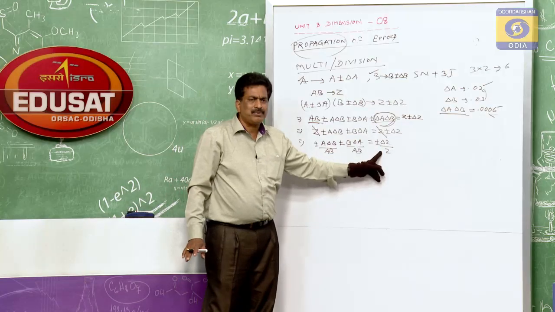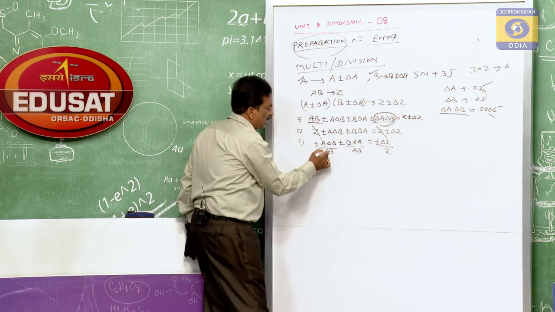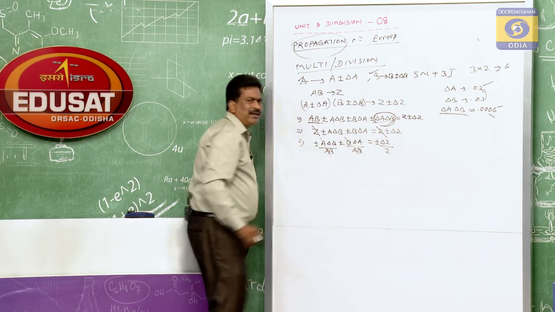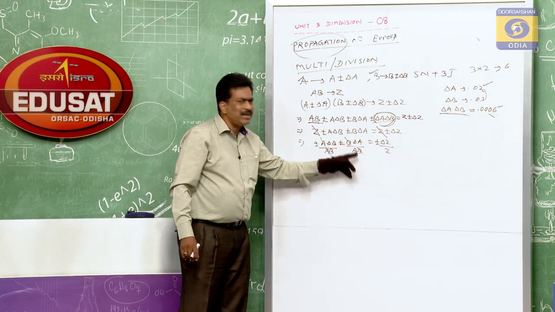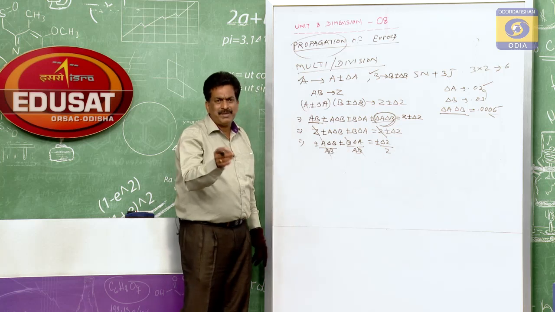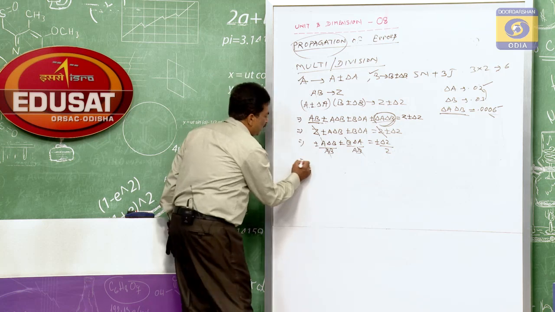Sir, why have you not put AB here? Because it is not in terms of A and B. So here A will cancel, and here B will cancel. So what remains?